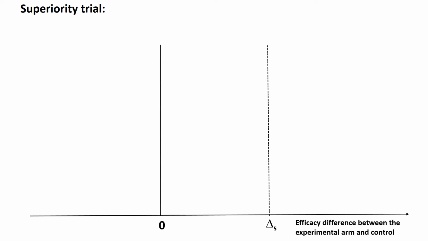The superiority threshold is a predefined difference that we've assumed. Based on the different molecules that we've used in the laboratory, the clinician will tell you that the new drug we've produced is actually going to be superior in terms of efficacy compared to the control arm or the standard treatment by, let's say, 5%.